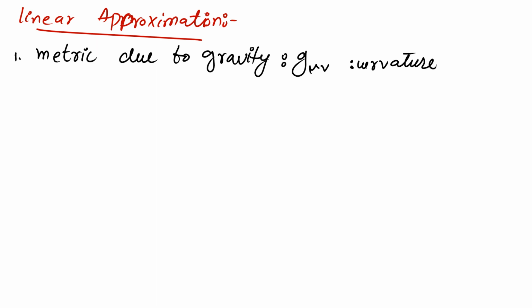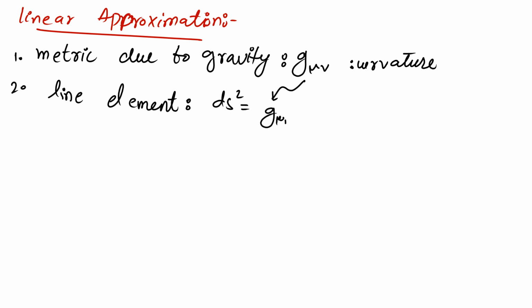The second thing I want to show is the line element, denoted by ds squared, and this metric due to gravity will be used here, g mu nu dx mu dx nu.